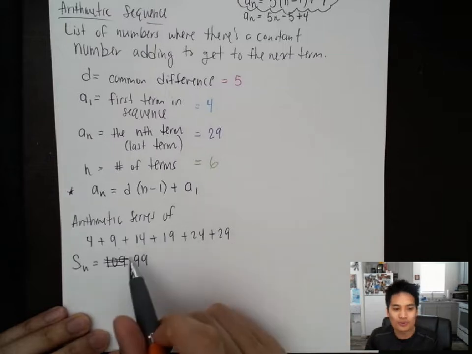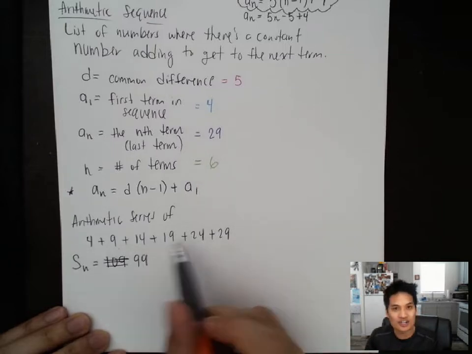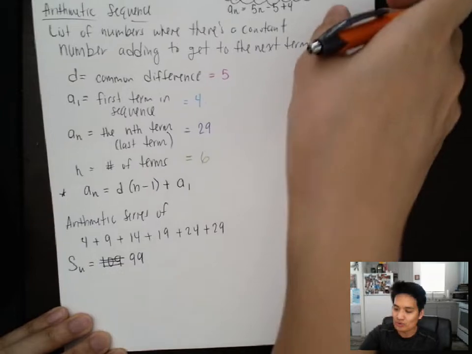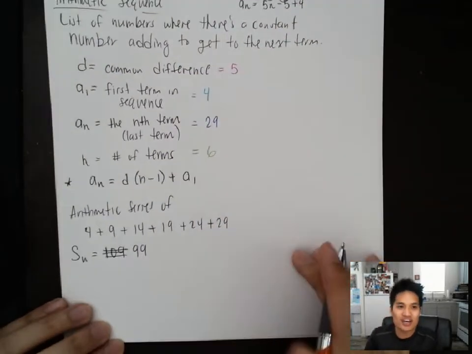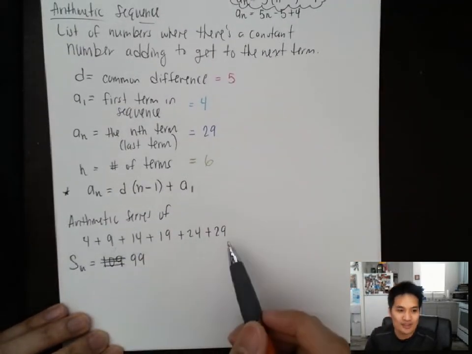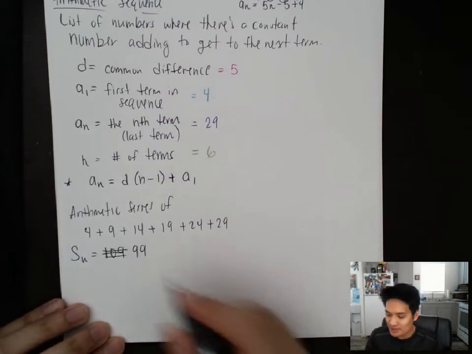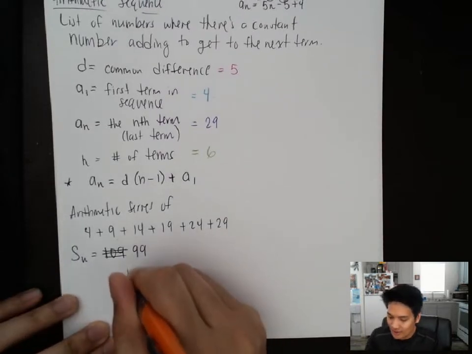There are a few ways we could solve this. There might be times when there's a ton of terms. One way we can do it is by modeling it using a graph.